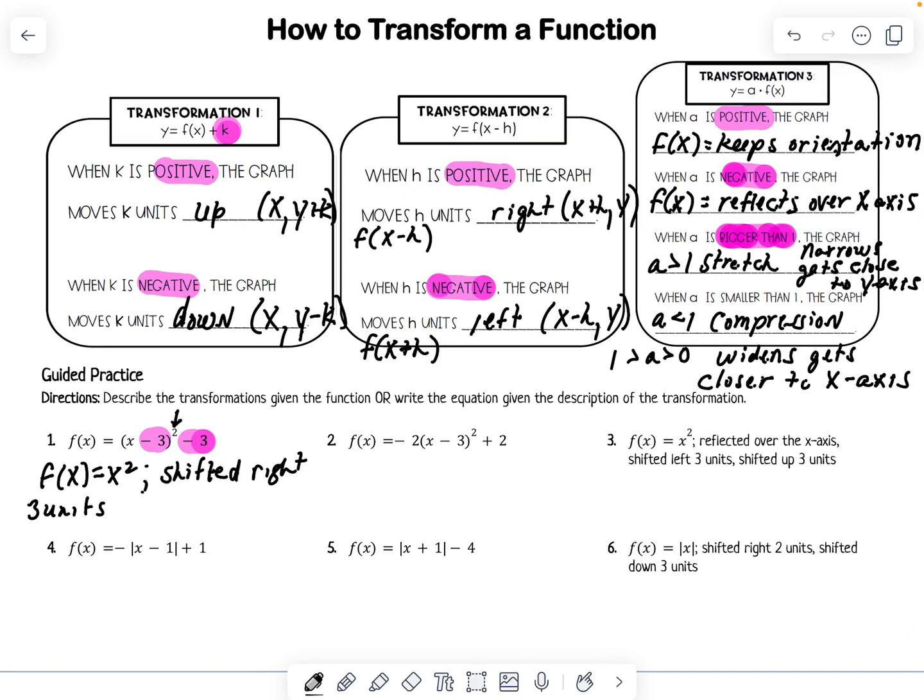What else are we doing? Well, we also have a -3, which is a K. Means we also shifted down 3 units. Okay? All right, let's try another one.